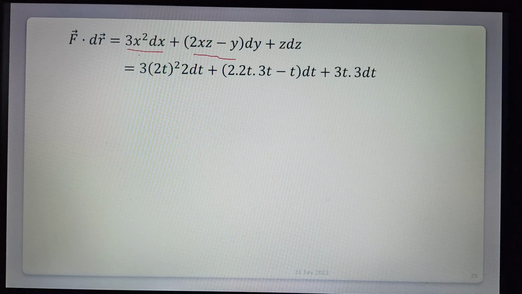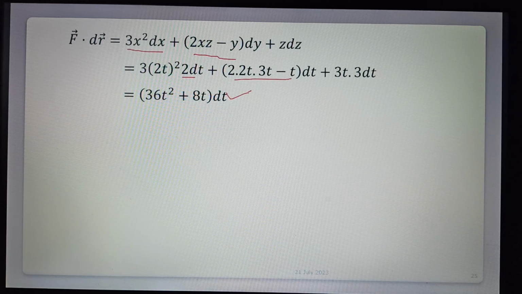So x, y, z are converted to the variable t. So 3 into (2t) square into 2 dt plus (2 into 2t into 3t minus t) into dt plus z, which is 3t, into 3 dt. Simplification is (36t square plus 8t) dt.